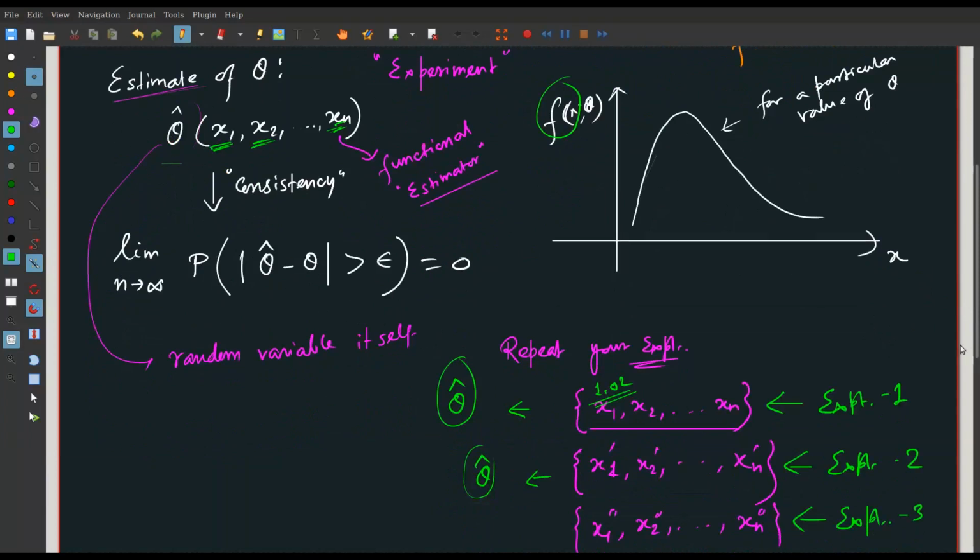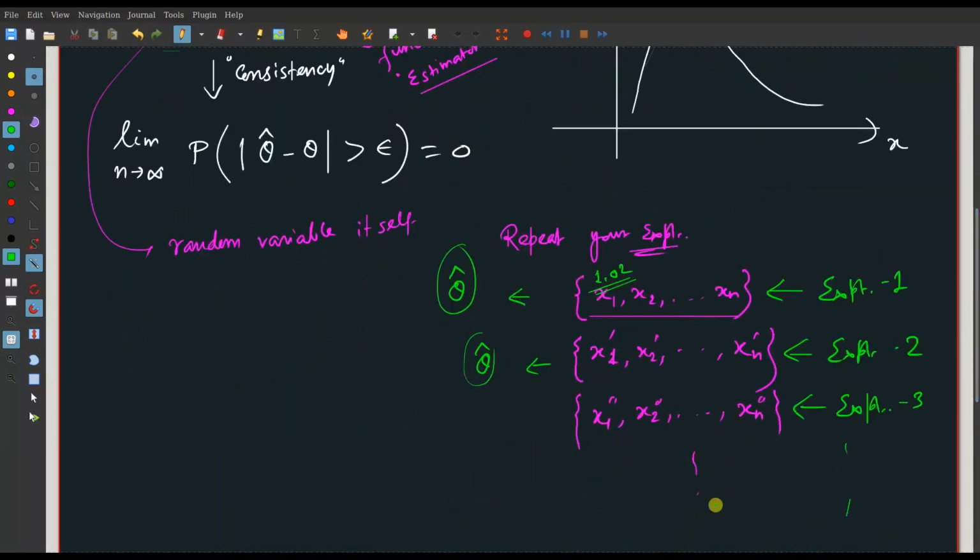If I repeat this experiment in my mind an infinite number of times, remember, by experiment I only mean a fixed number n of measurements. It is not that in experiment 1 I do 10 measurements and in experiment 2 I do 20 measurements. No, the number of measurements is also the same.